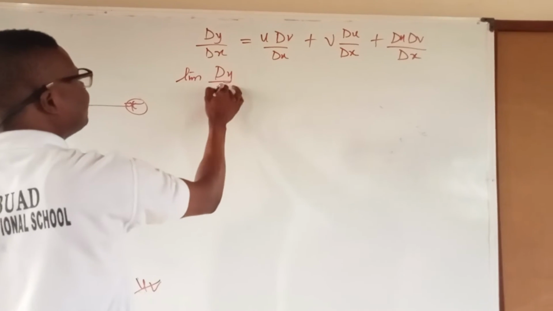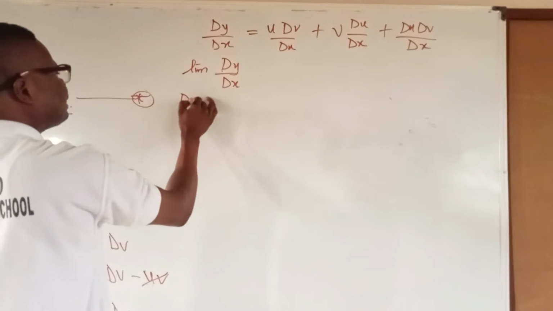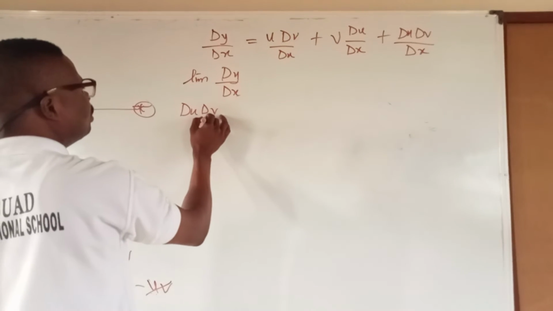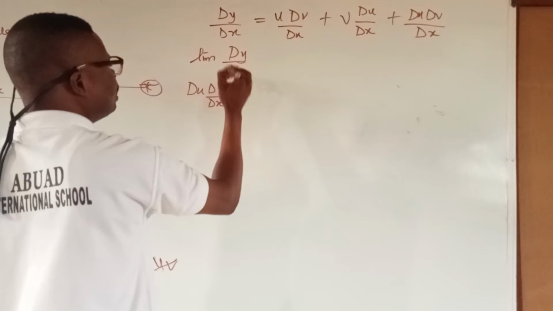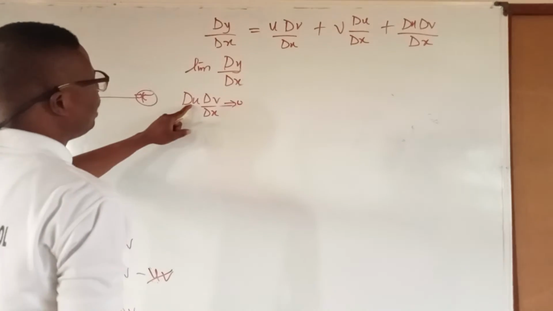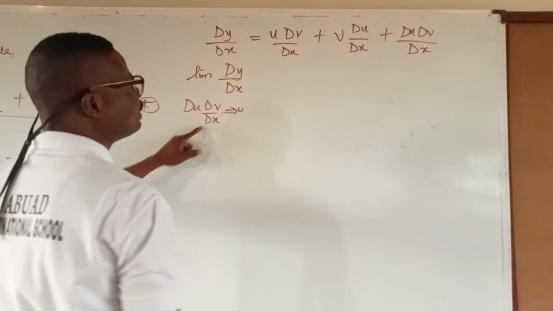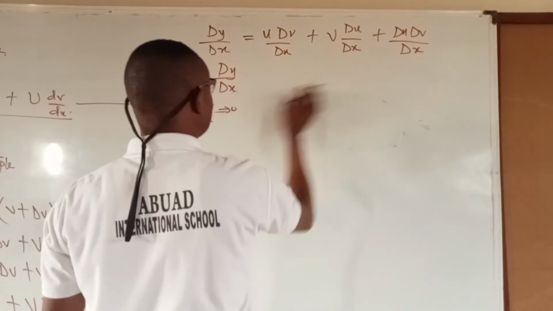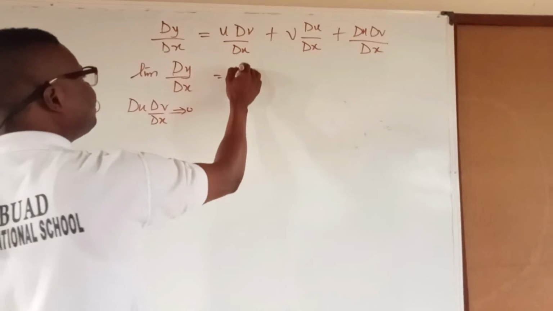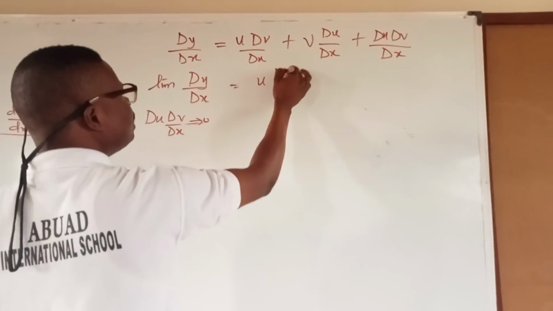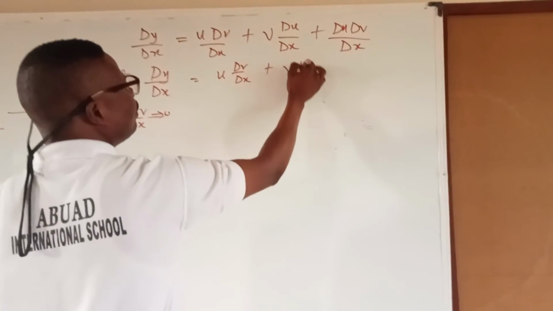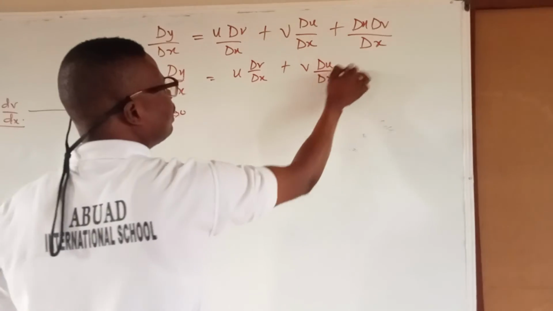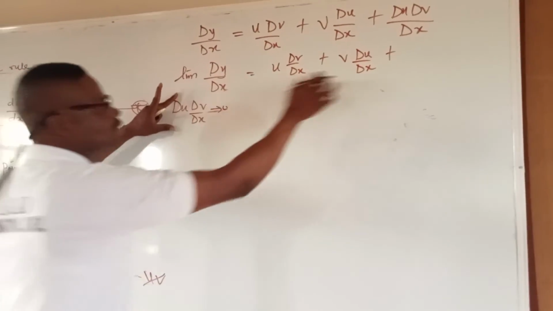of dy over dx, du dv over dx tends to what? It is 0. Then we substitute. So where we have du dv over dx, we take it to be 0. Then we have u dv over dx plus v du over dx plus, remember we said this tends to 0.